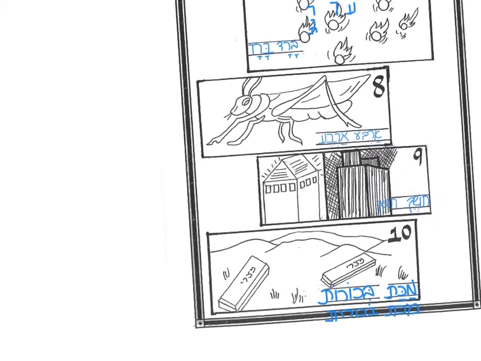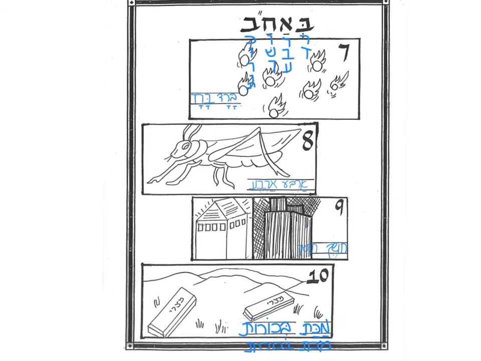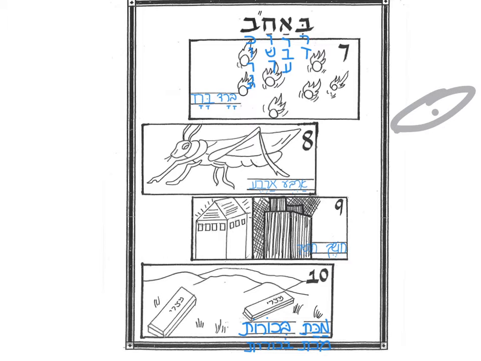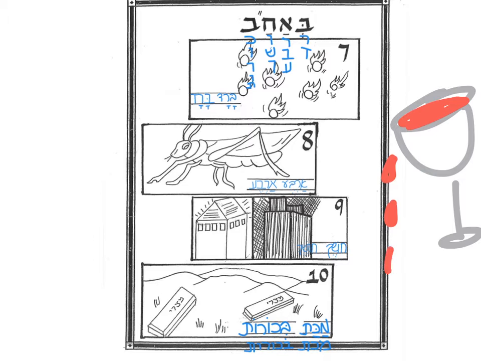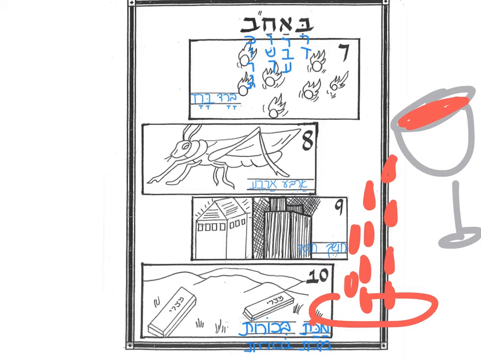Now, remember I told you that we have a custom to take the wine cup, okay, when you do this, and to spill out each of the plagues when you say the name of the plague, to spill out one drop. Right? You spill it out into the bowl that you used for your wine, and afterwards it's a custom to get rid of that wine.